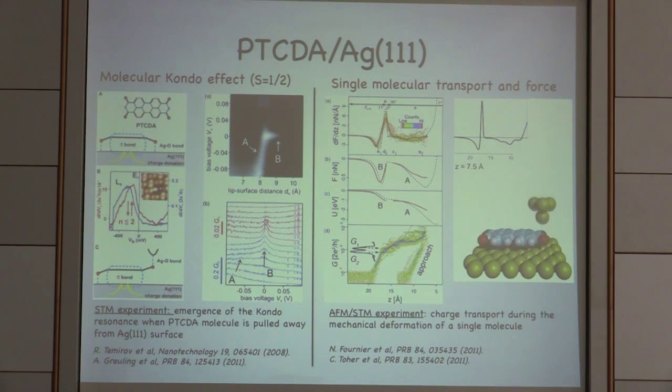When you start to withdraw it, you jump to the regime where the LUMO goes towards the Fermi level, and you have a single occupied electron in the LUMO, and then you have this Hubbard satellite, LUMO plus 1 plus U, above the Fermi level, and this gives rise to the strong peak, or strong Kondo regime, which was observed here by STM. Now using this combination of AFM and STM, you can get very precise control of the distance and also measure the forces during the retraction.